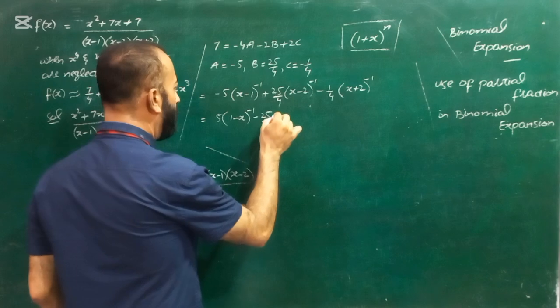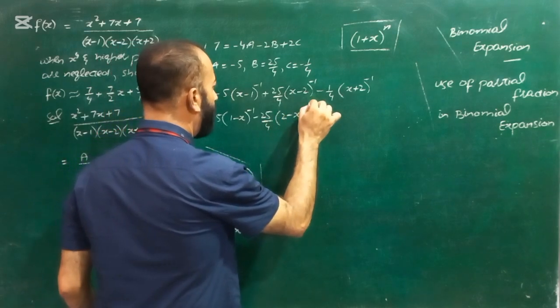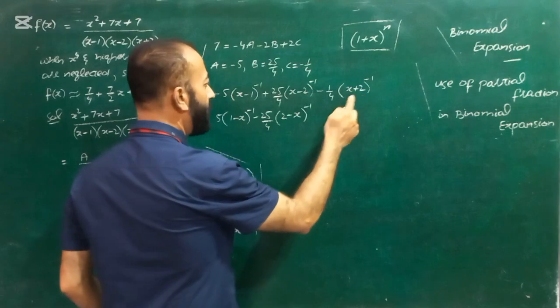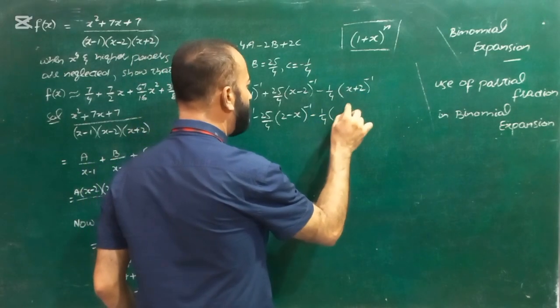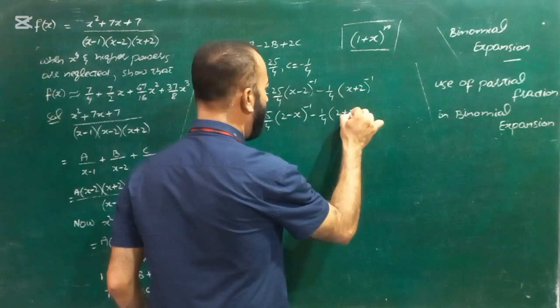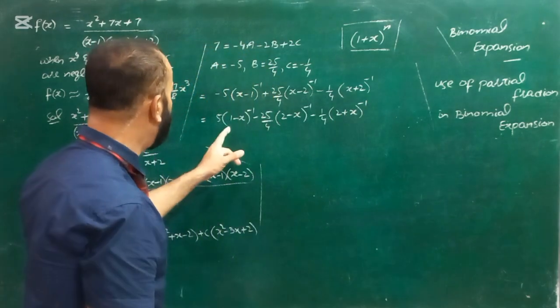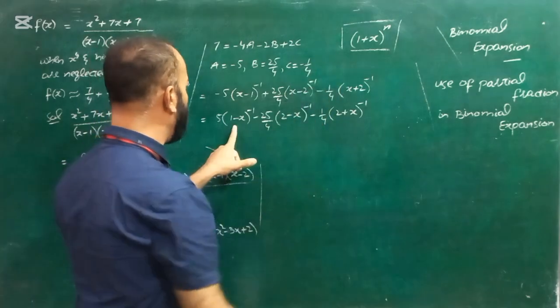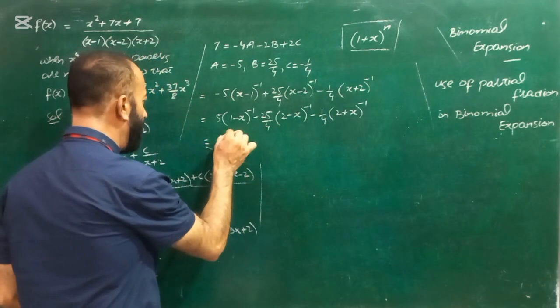So 25 by 4 into 2 minus x raised to the power minus 1. So just shuffle the places of these values. So 2 plus x raised to the power minus 1. So from here, this is the shape of this one, but from here we are giving them further shapes.